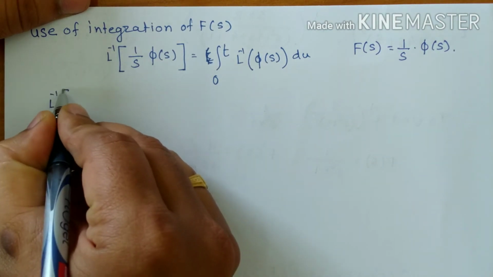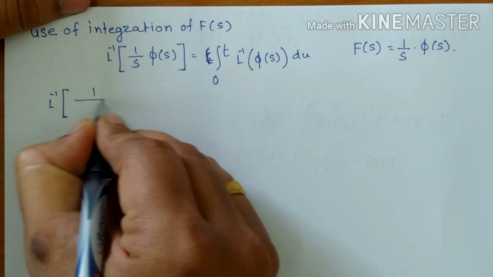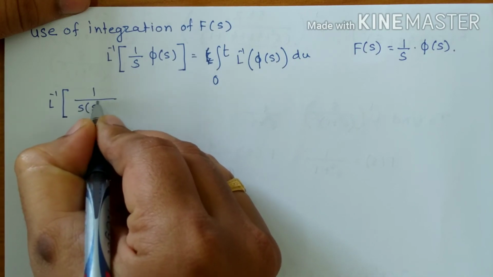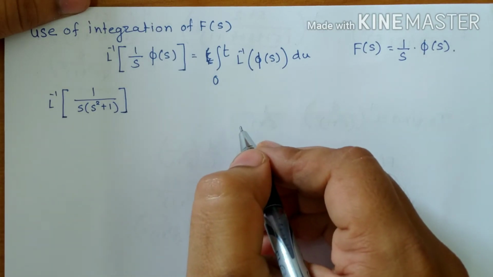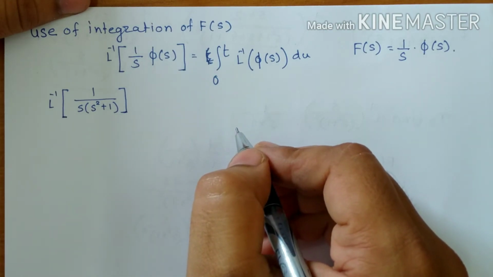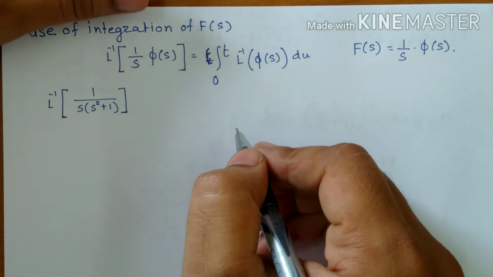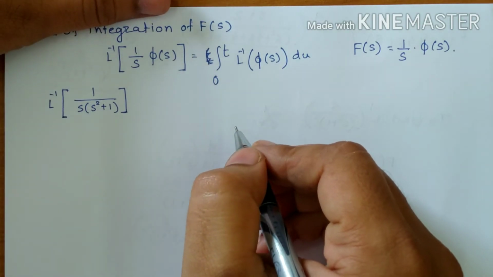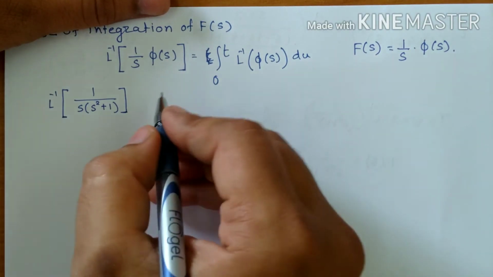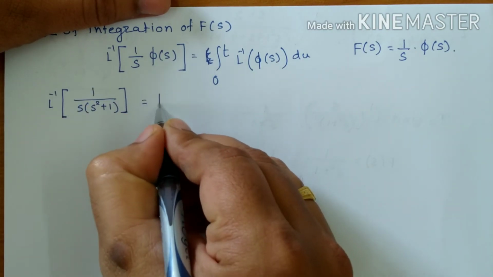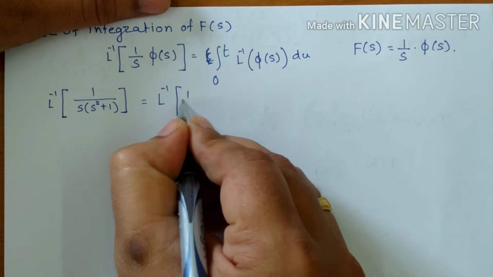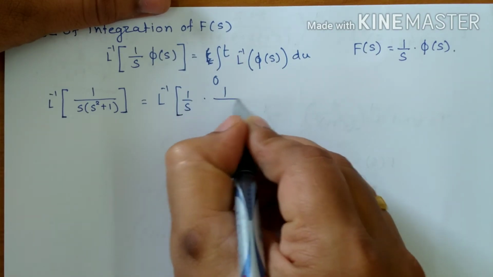So let's start with one simple example. Find the inverse Laplace transform of 1 upon s into s square plus 1. Now, this is my complete F of s, which can be further written as L inverse of 1 upon s into 1 upon s square plus 1.